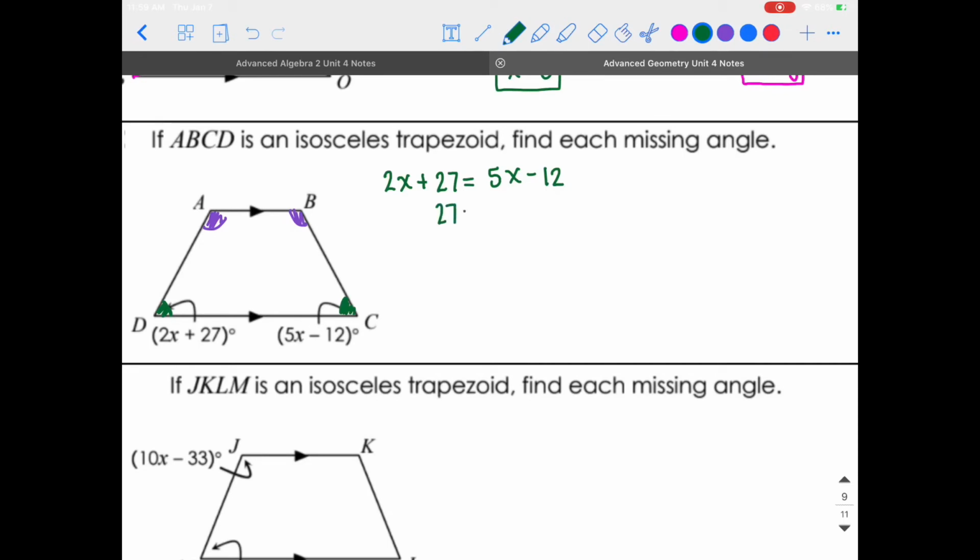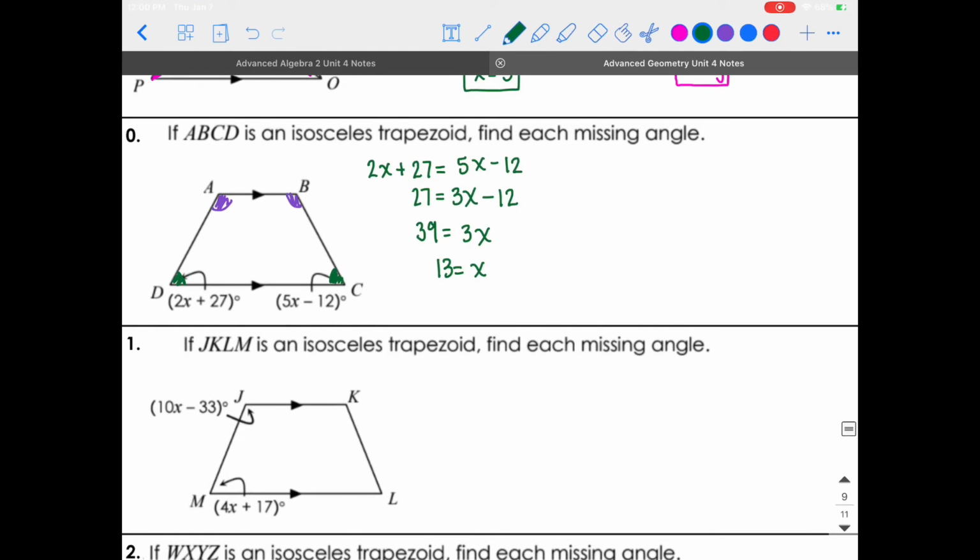Subtracting 2x from both sides gives me 27 equals 3x minus 12. Add 12 to both sides, and we get 39 equals 3x. So 13 equals x.